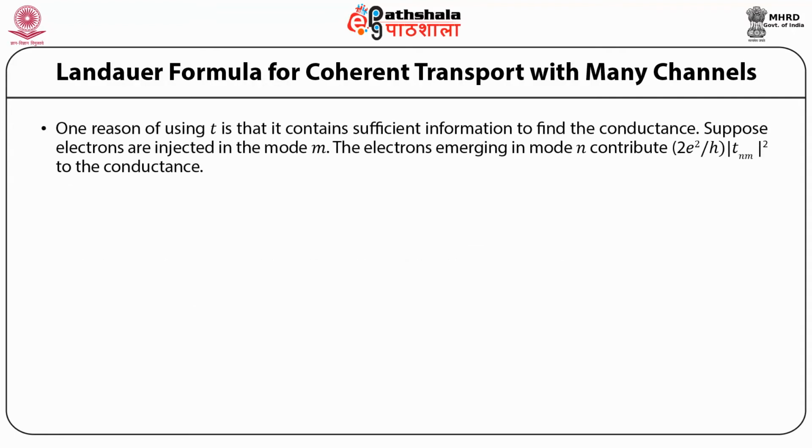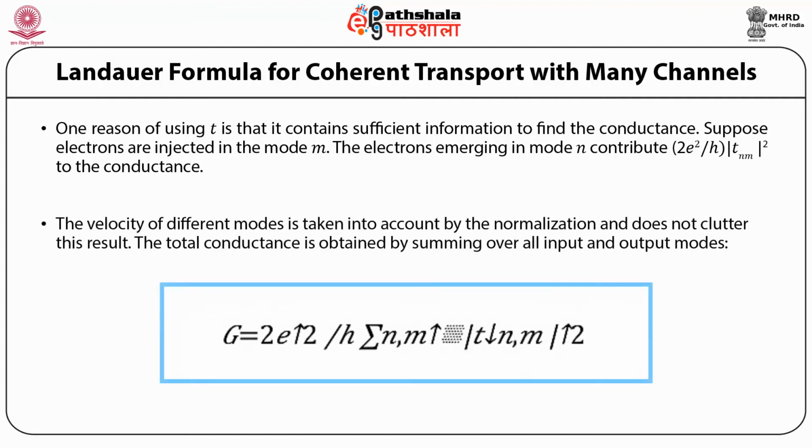One reason for using T is that it contains sufficient information to find the conductance. Suppose electrons are injected in mode m. The electrons emerging in mode n contribute 2e² by h multiplied by the modulus of Tnm squared to the conductance. The velocity of different modes is taken into account by the normalization and does not clutter this result.